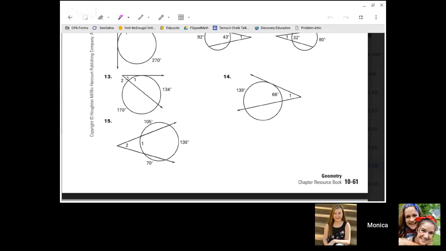So this circle is broken up into 3 arcs, right? We've got this one here, this one here, and then this one here that we're solving for, right? So it's broken up into 3. Well, we know the measure of 2 of them, so can we use that to calculate the measure of the one that we don't know?